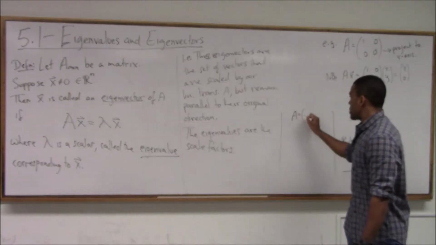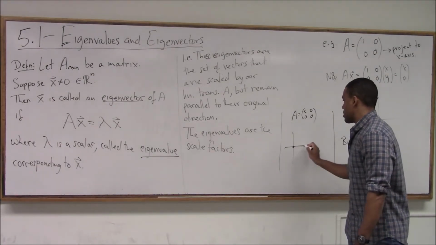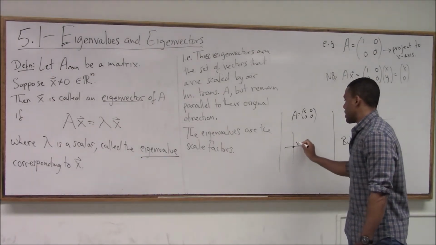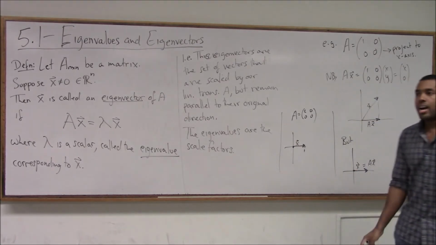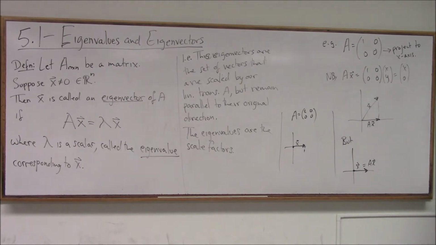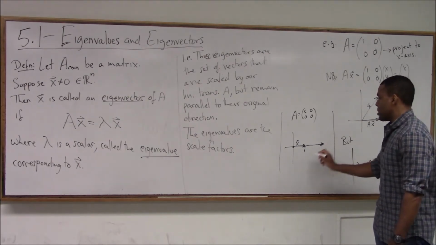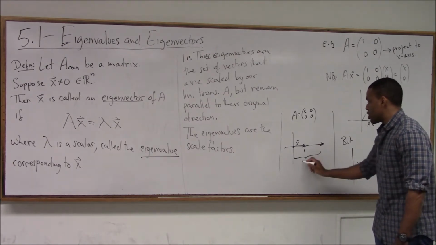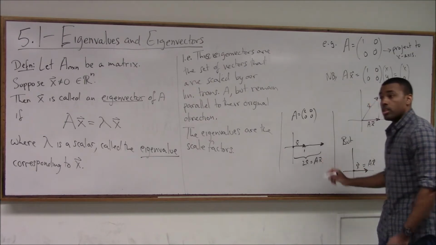What if A was something like 2, 0, 0, 0? And I'm looking at the vector x, which is going to be something like the i vector. What would happen now? It's going to scale itself by 2, but it's going to maintain its direction. So this vector 2x is actually going to be equal to the Ax vector, right?